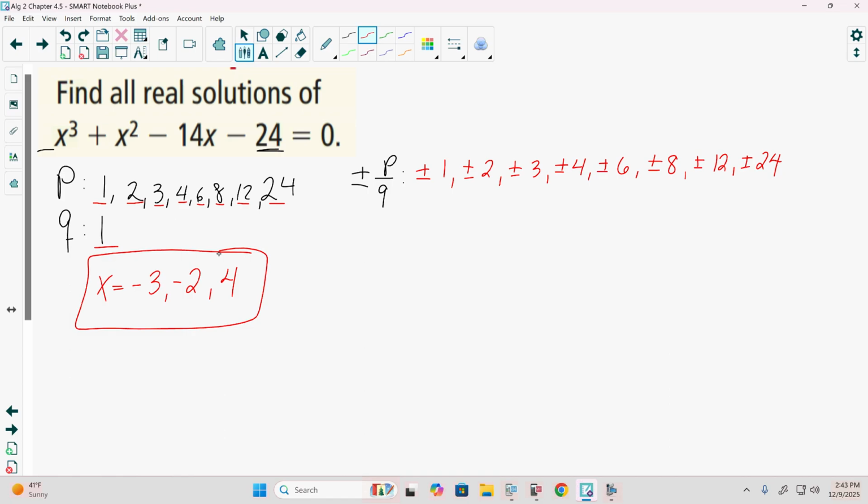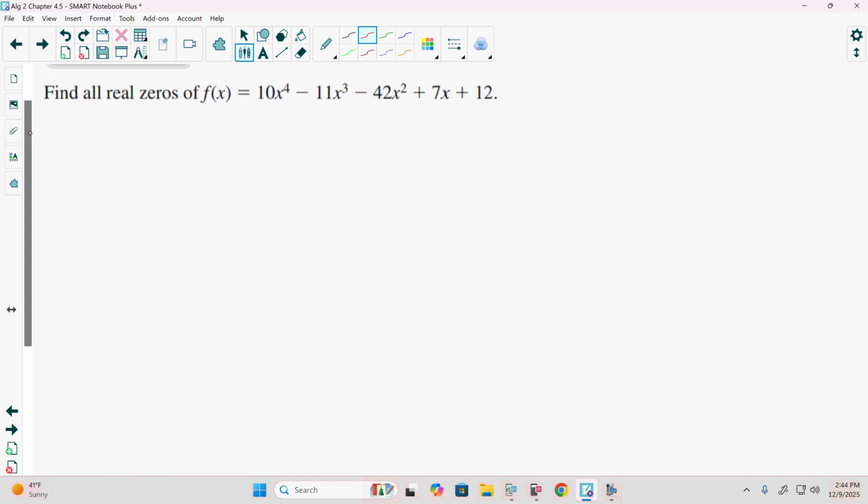So for a cubic, we could have x equals 2, 2, and 2. We could have it repeated 3 times. Questions on this here? We feel good with these so far? Yes? We're going to skip this and we're going to go to this one.